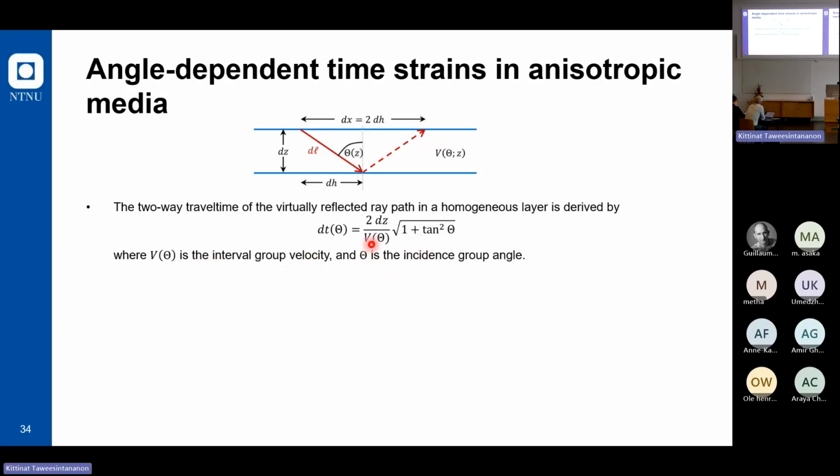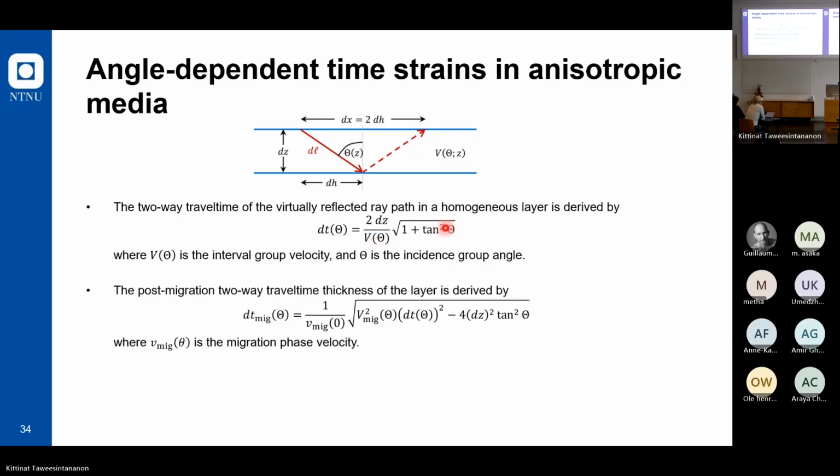Here big V represents group velocity, and big theta is the incident group angle. The post-migration two-way travel time thickness is derived by this equation, again based on the definition of migration and the Pythagorean theorem.